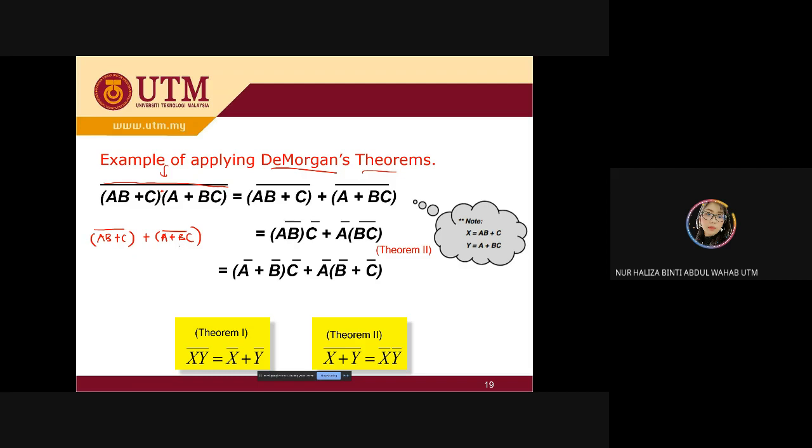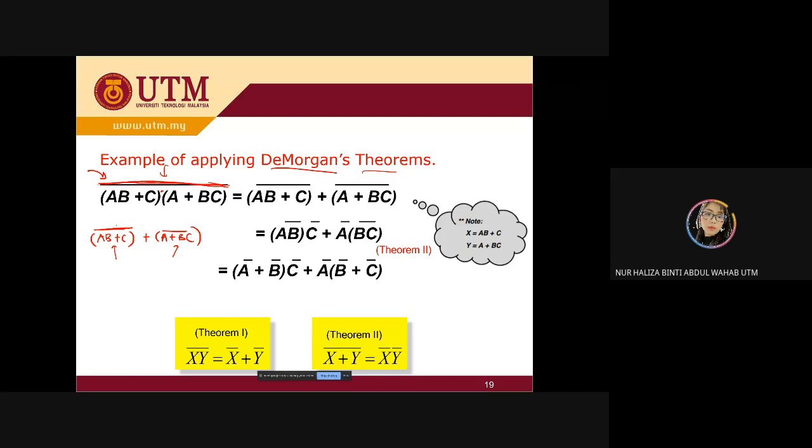And second, you're going to apply your next theorem. From here, inside here you solve, inside here you solve. So this bar, you need to solve first before factorize, before your additions and so on. The big thing you can see here is bar.